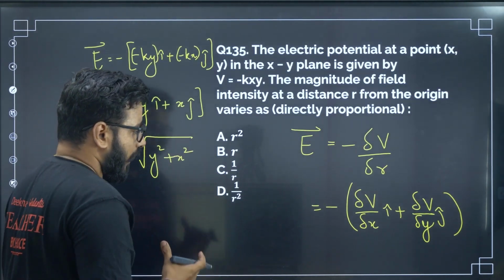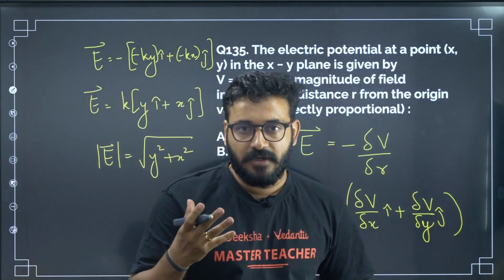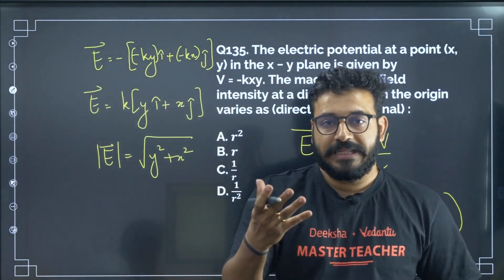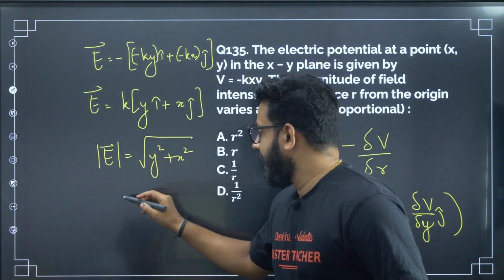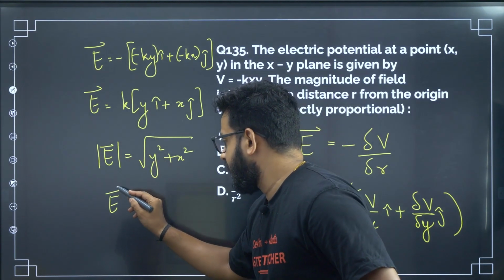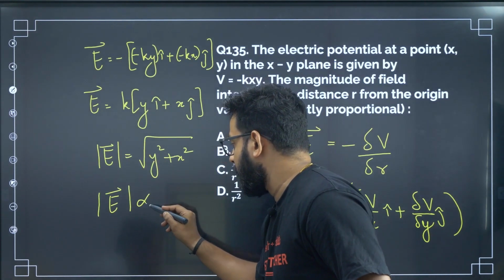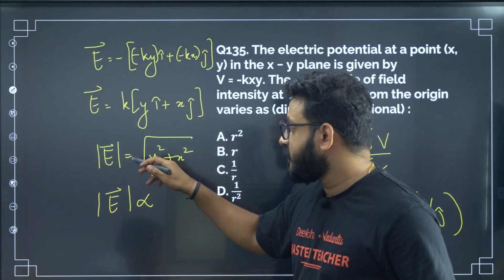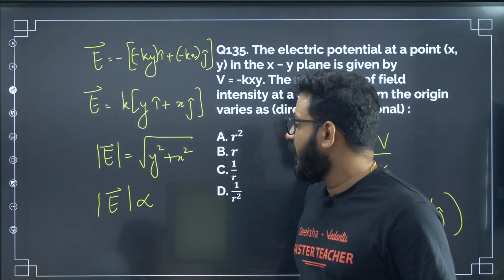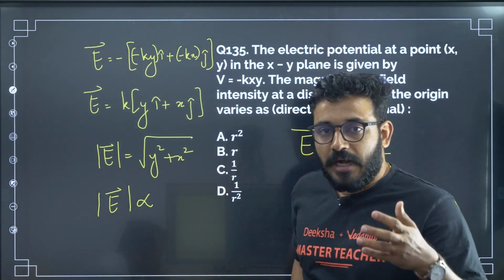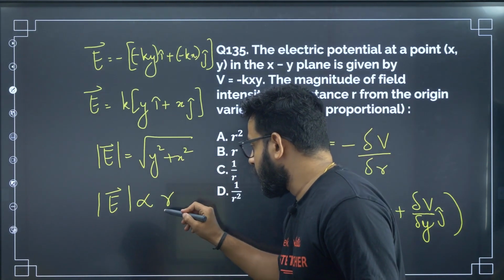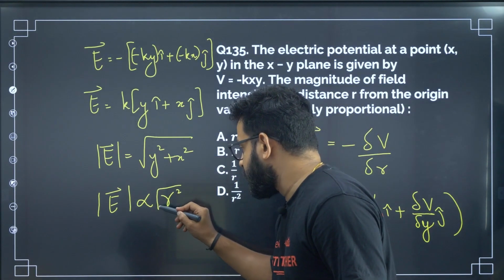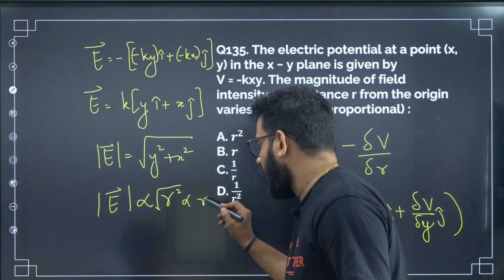So y and x will give the details of the r position. The magnitude is directly proportional to, not r square, because there is a root. x square plus y square will give r square, but since there is a root, it is directly proportional to root of r square, which is r.